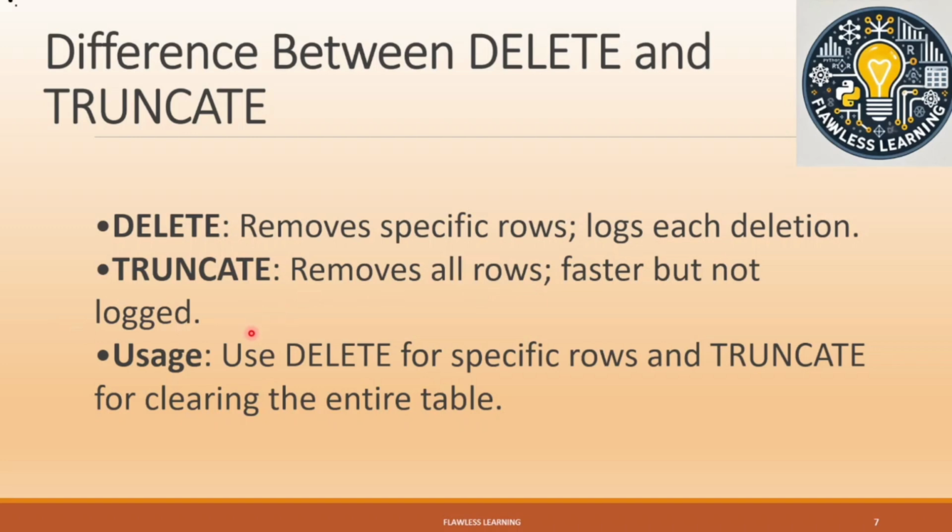Many people confuse DELETE with TRUNCATE. DELETE is used to remove specific rows, but TRUNCATE is faster and removes all rows at once without logging. So use DELETE for precision and TRUNCATE for clearing an entire table.